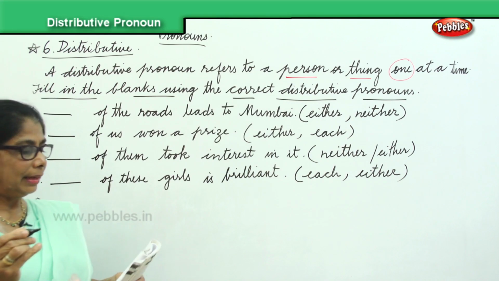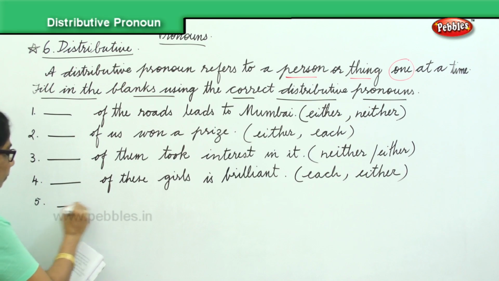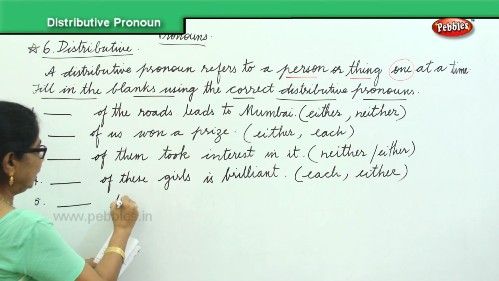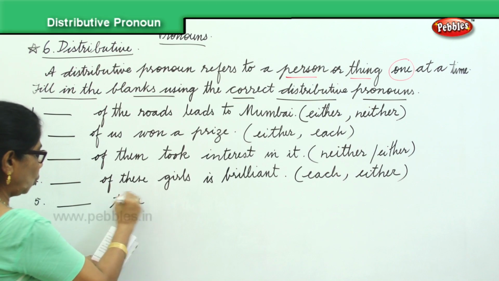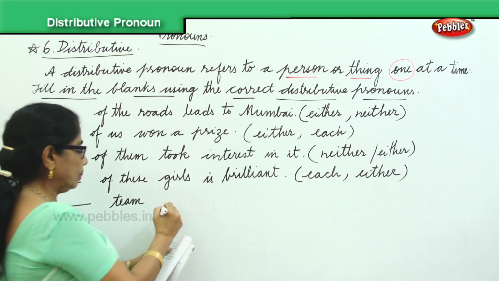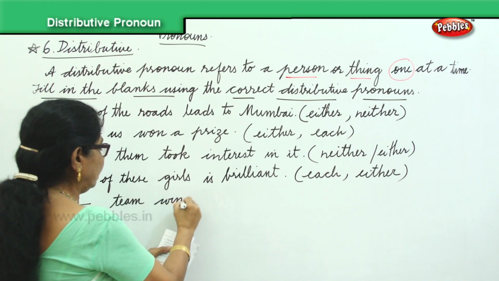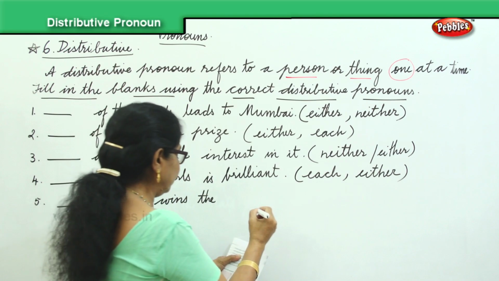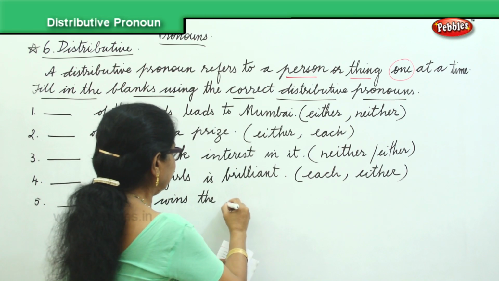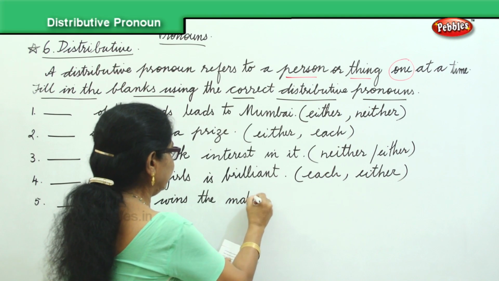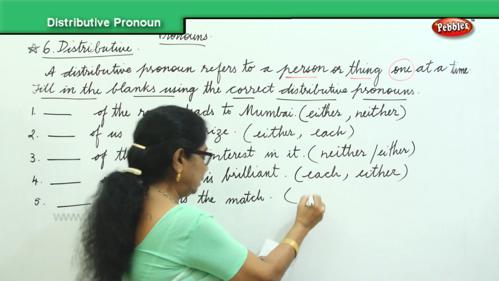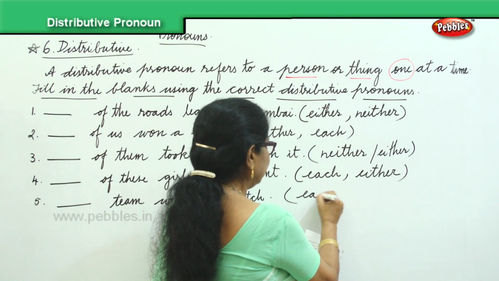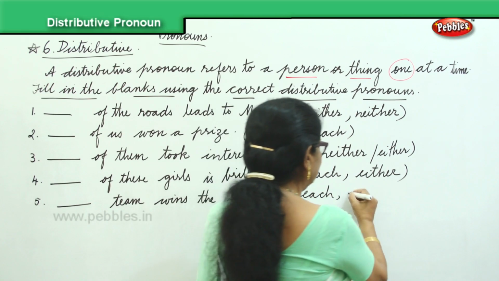Next we have dash team wins the match. And the words are each, neither.